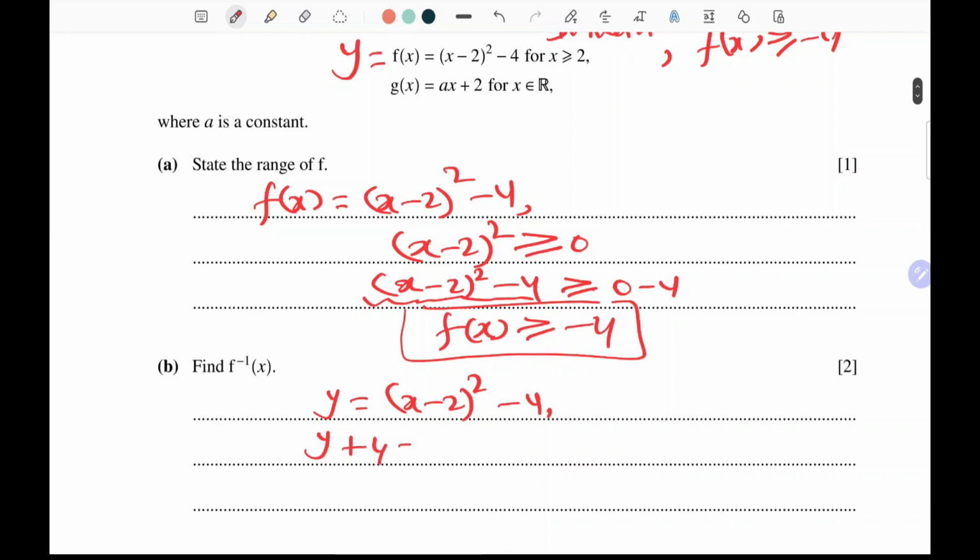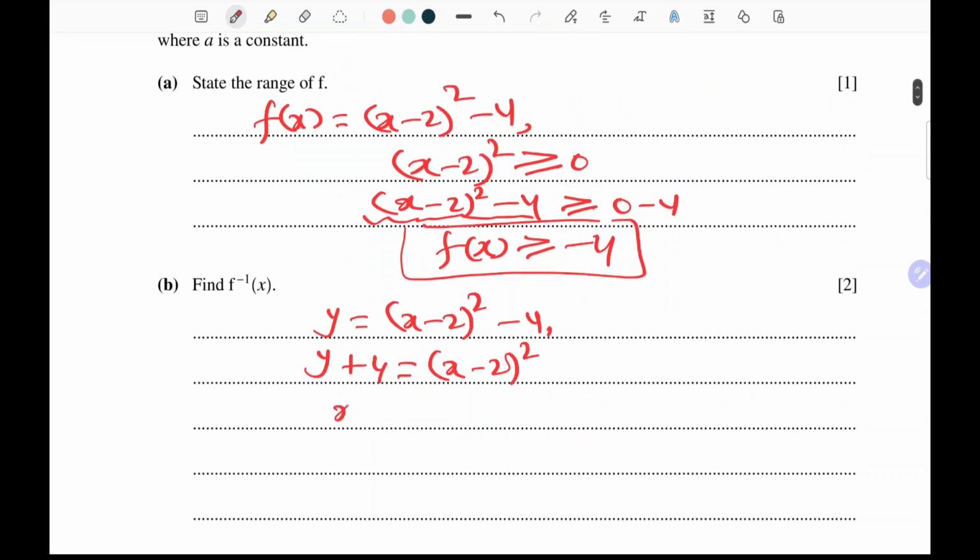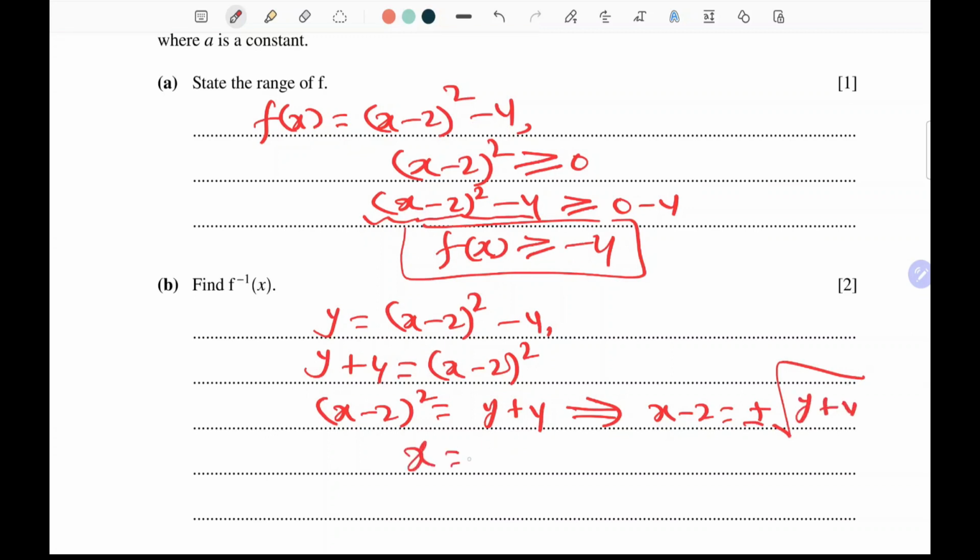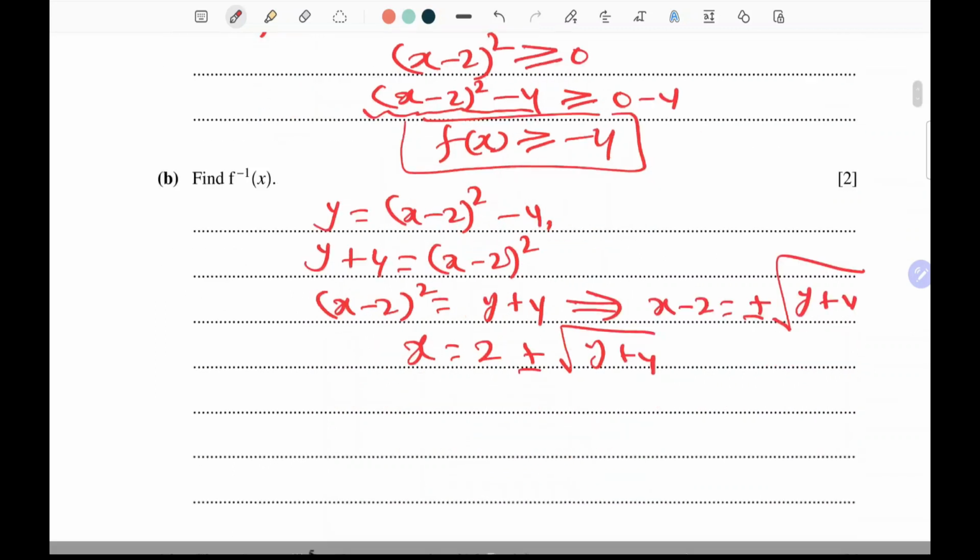Okay, so add plus 4 to both sides. y plus 4 equals (x minus 2) whole square. Now we can write (x minus 2) whole square equals y plus 4, and x minus 2 equals plus minus root of y plus 4, and x equals 2 plus minus root of y plus 4.